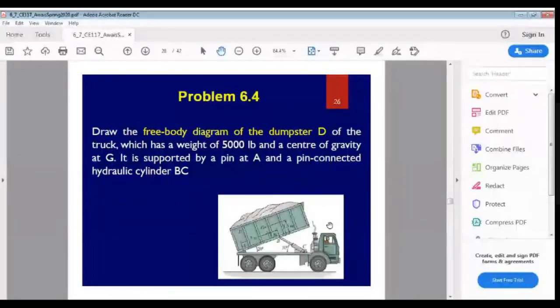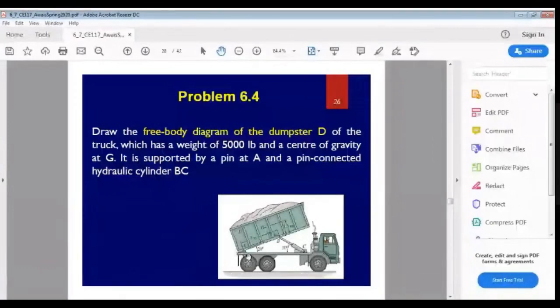Draw the free body diagram of the dumpster D of the truck, which has a weight of 5,000 pounds and a center of gravity at G. So it has a weight of 5,000 pounds, and this weight must act through the center of gravity, and it must act downwards. It is supported by a pin support at point A. So there is a support at point A, which is a pin ended support.